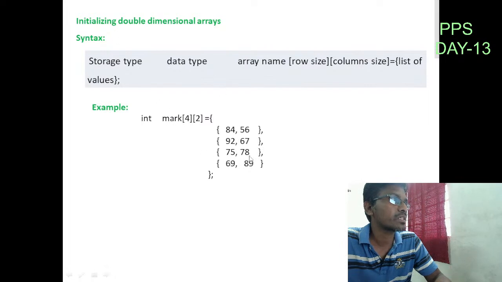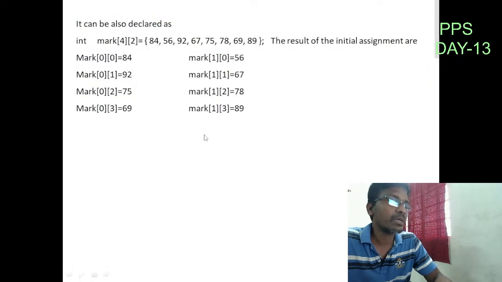So that is about initialization of double dimensional arrays. The double dimensional arrays will be stored like this. I'm taking a 4 by 2 matrix, and these are the values. So total 4 into 2, that is equal to 8 elements, and they will be stored.